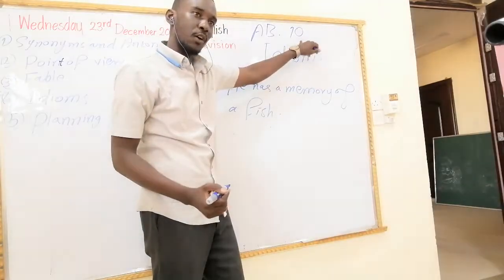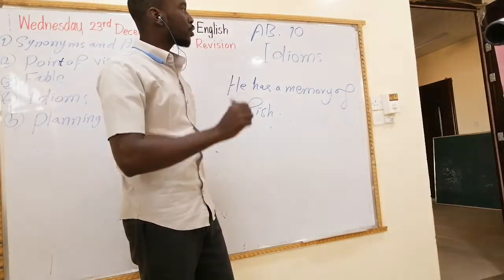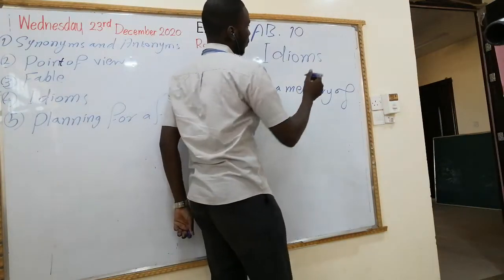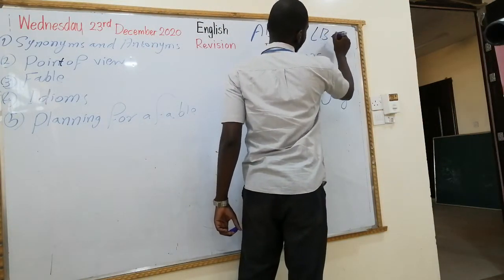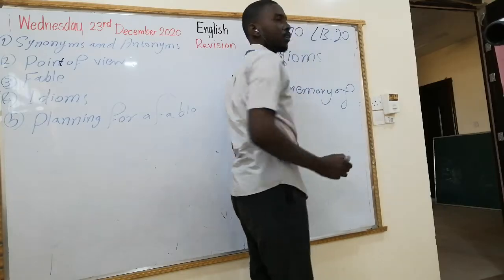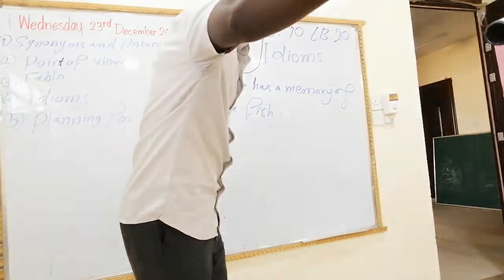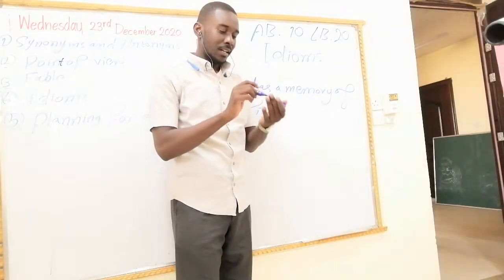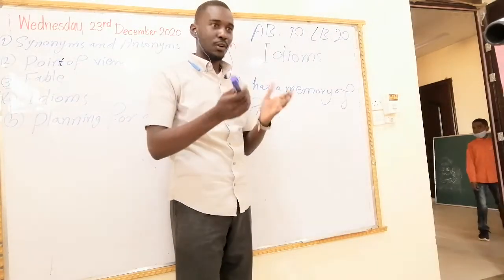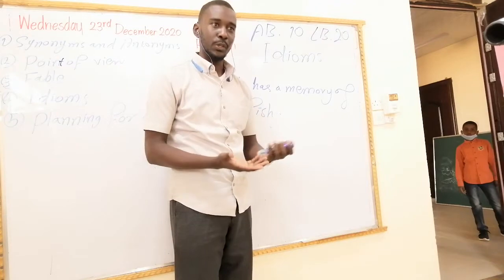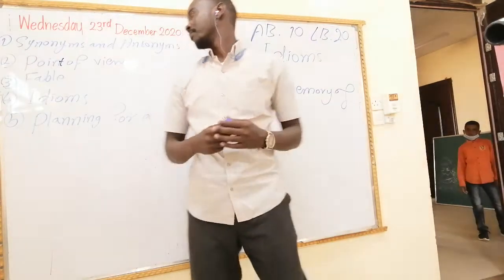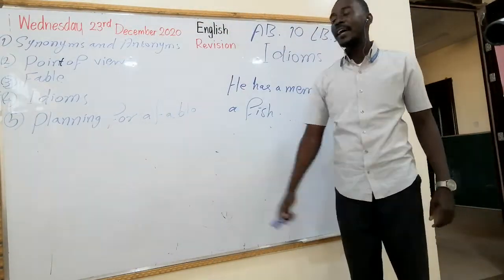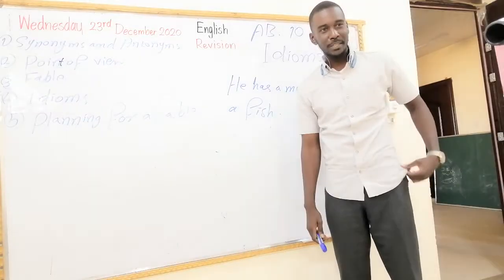You will find them over there. Deal with them. Also in your learner's book, page 20, get to them and deal with them. They are there with their meanings, and try to know what they mean and when we use them. That was idioms.